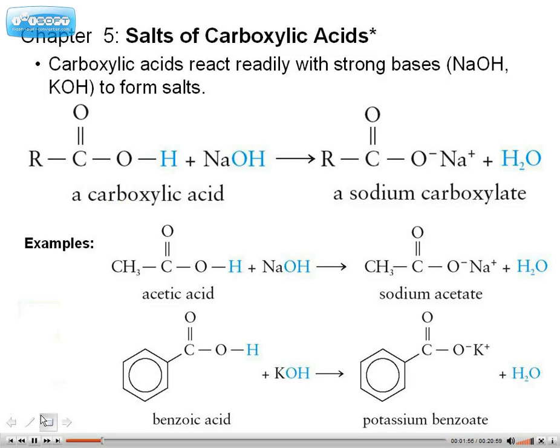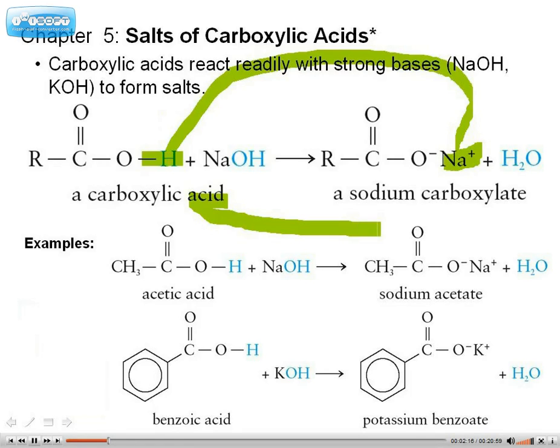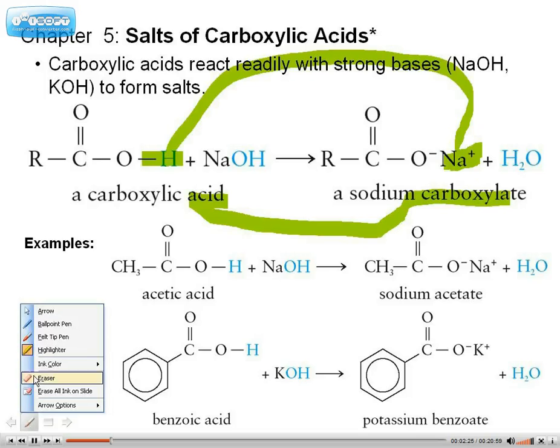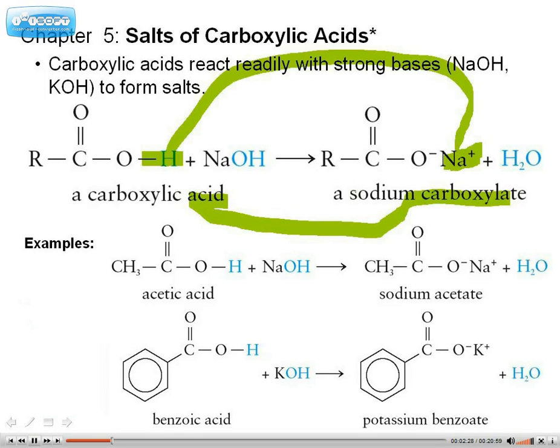Just by changing this one single atom, which I'm highlighting right here, from a hydrogen to a metal, and my favorite metals to use are either sodium, lithium, or potassium, you change it from an acid to an acid salt. Their fancy term is sodium carboxylate. My fancy term is going to be acid salt.